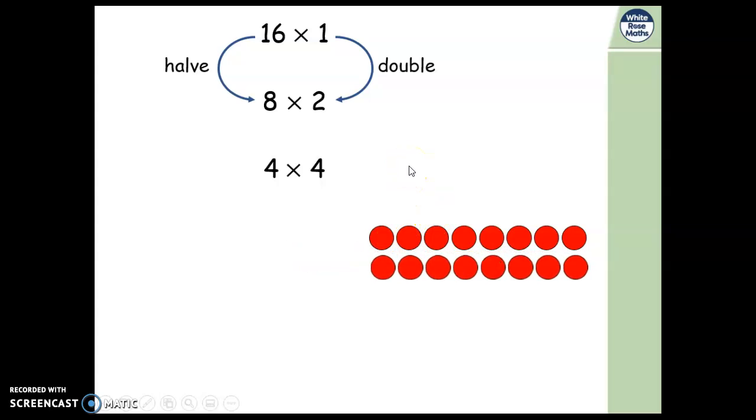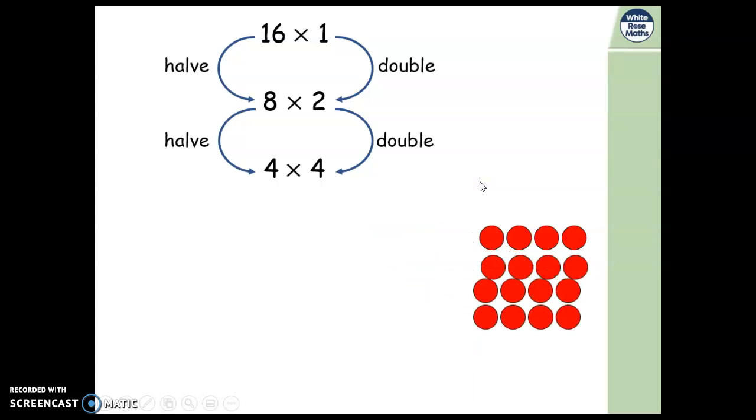So that's given us the 8 times 2. If we chop this in half again, and double the amount of groups, we've got 4 groups of 4.